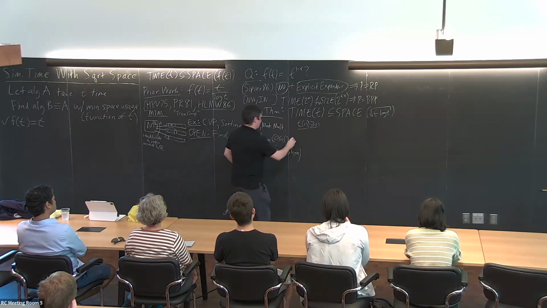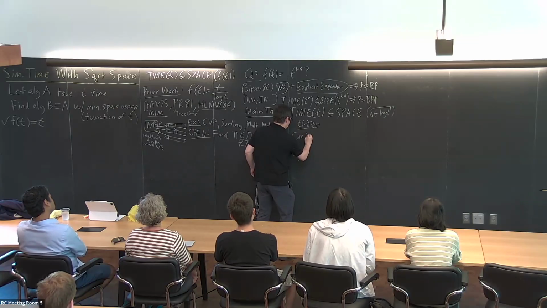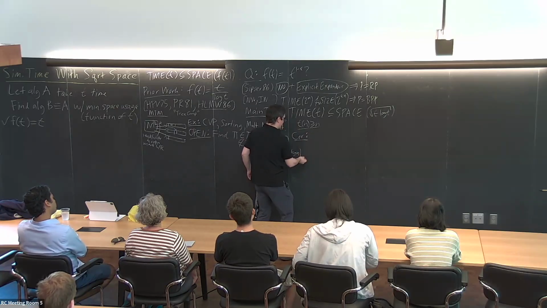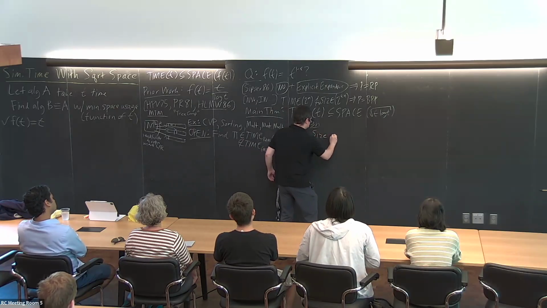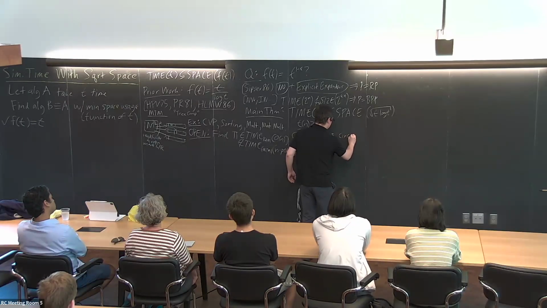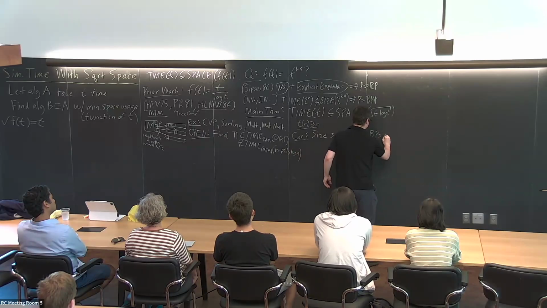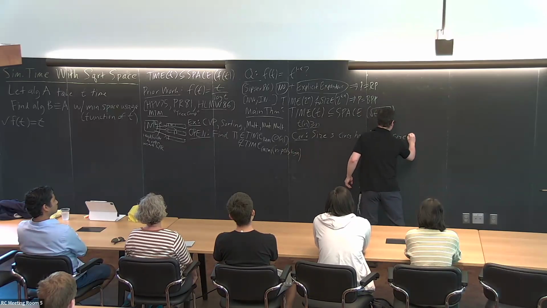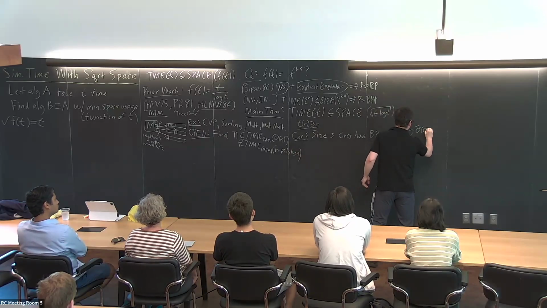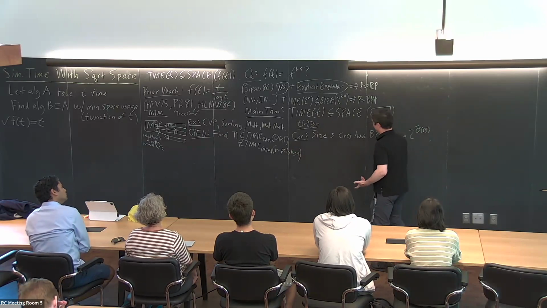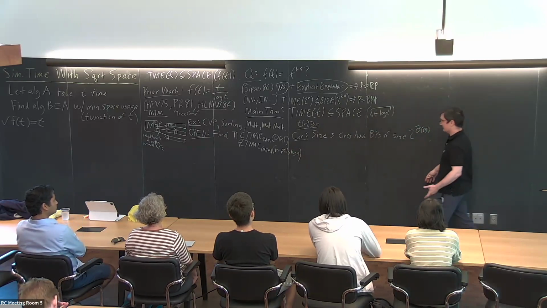Another corollary, from the non-uniform perspective, is that size S circuits have branching programs of size 2^(Õ(√S)). So this is interesting when S is subquadratic.